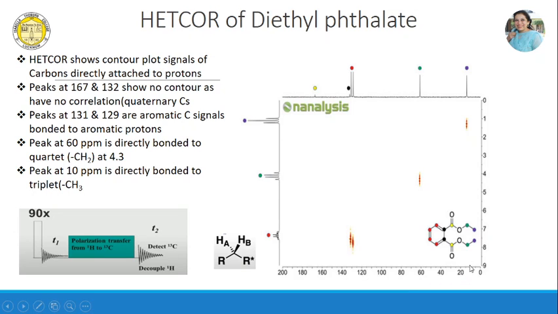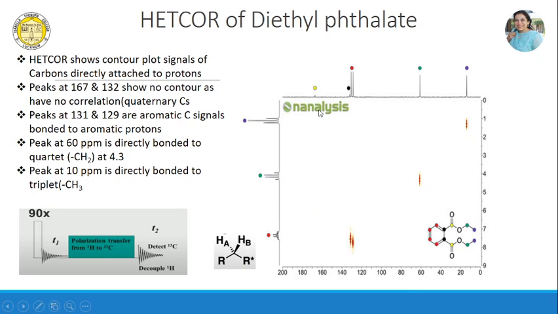The peak at 10 ppm is linked to the triplet, and this is the triplet. This triplet is obviously because of this blue CH3 which is present here, and we have been able to correlate the entire spectrum.